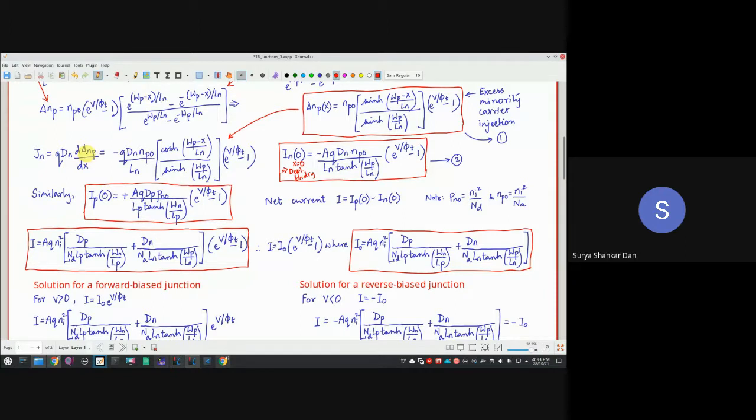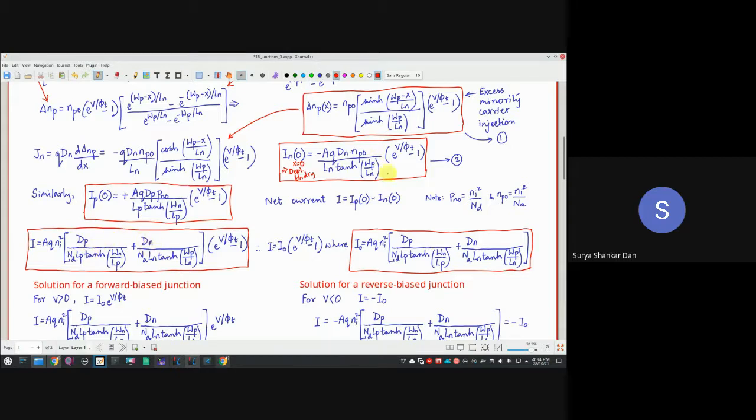Diffusion current will be equal to the total current only at the depletion boundary. Same thing here. So if we are trying to find out the net current through the diode, it will simply be Ip0, because Ip0 is positive. So let's make our life simpler. Here, minus of In0. So essentially it becomes a sum of the two.